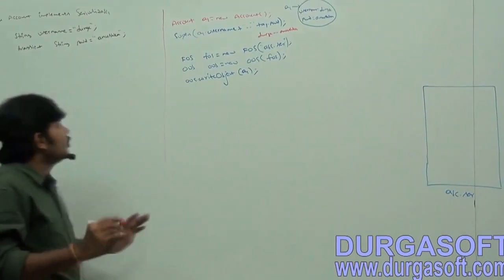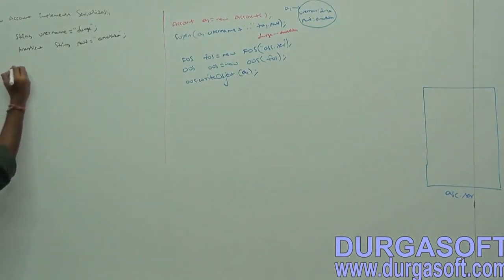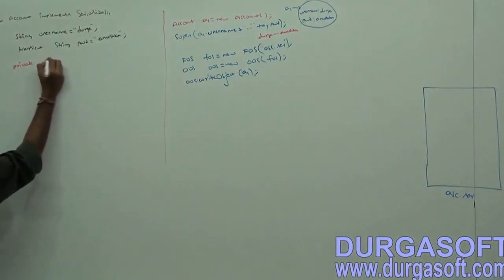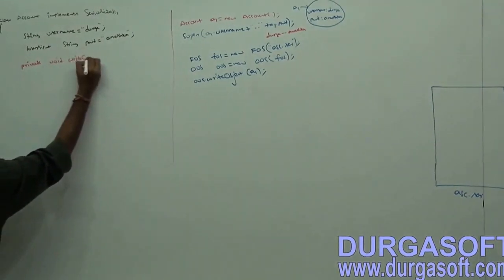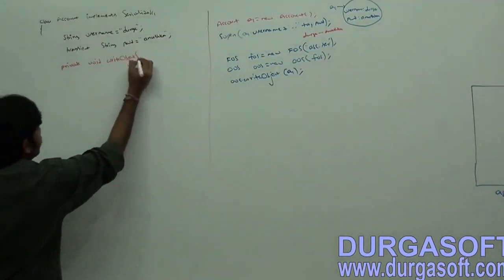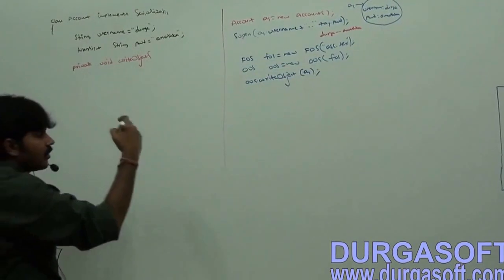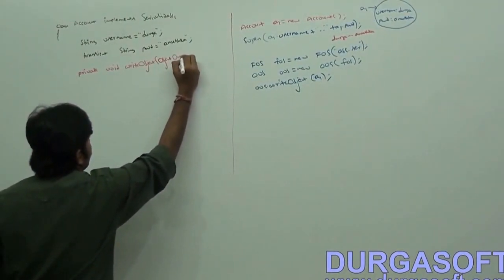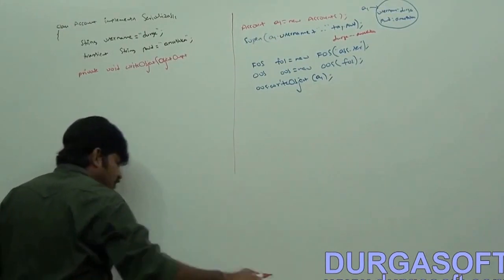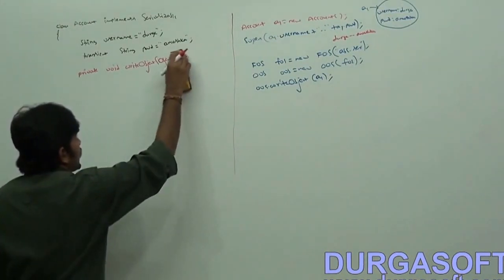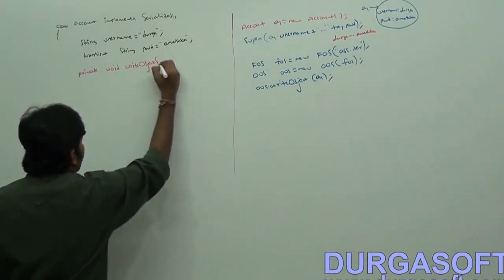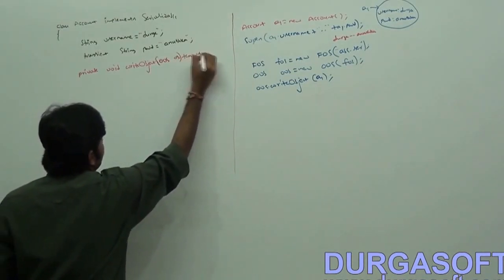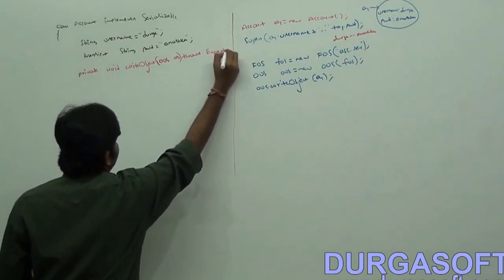Here is the code: private void writeObject of ObjectOutputStream. I use a short name, os, while taking notes you can write the full form. Throws Exception.